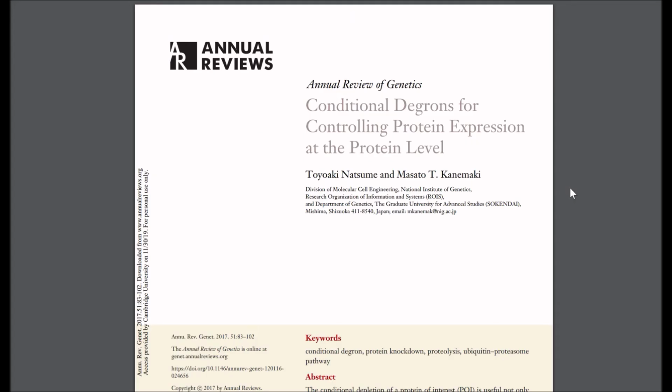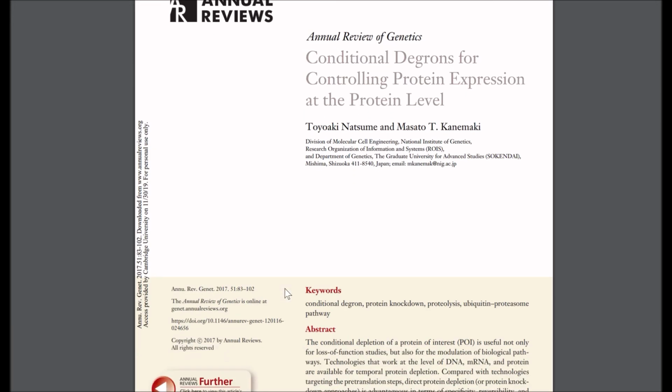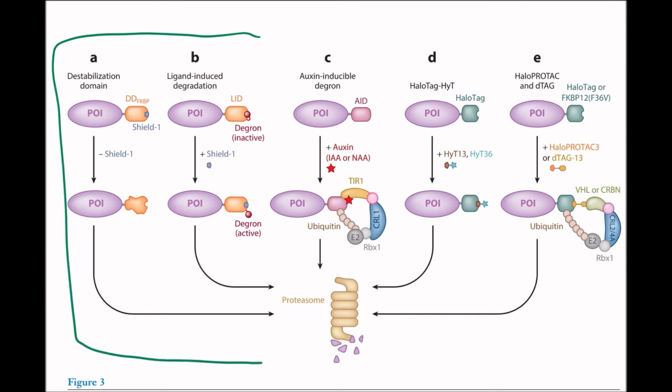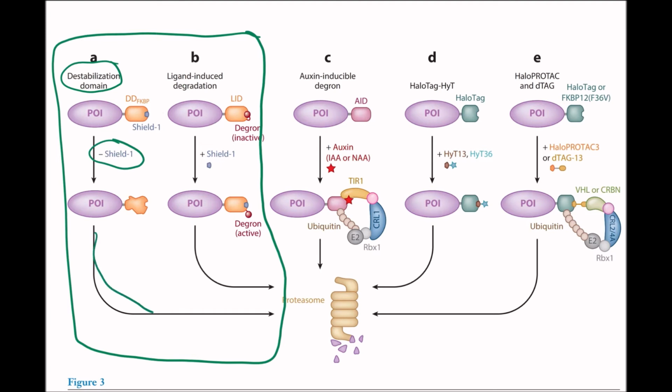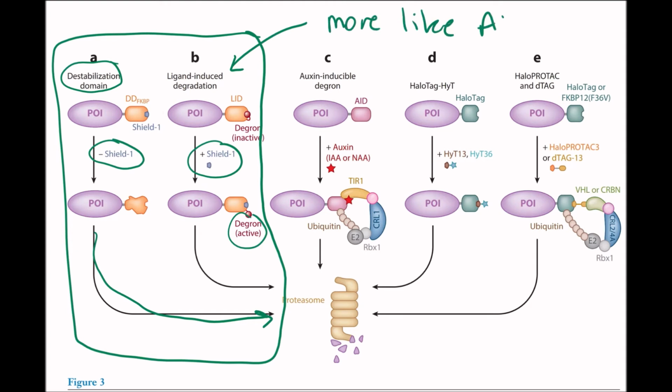And so they both bind to SHIELD1, yet the destabilizing domain, as you might have guessed, is unstable and will get degraded unless it binds to SHIELD1, when the protein is then stabilized. On the other hand, when SHIELD1 binds to the ligand-induced degradation domain, it causes some conformational change that exposes the degron, and then that protein gets degraded. Hopefully you can see that clearly in this figure here.